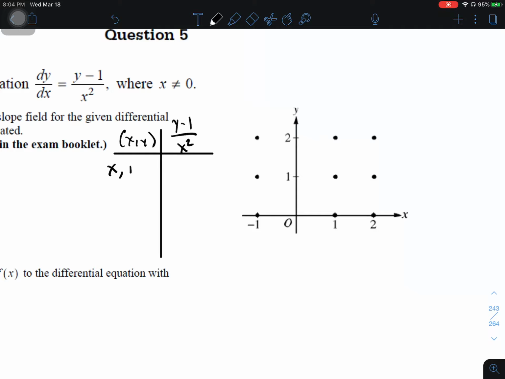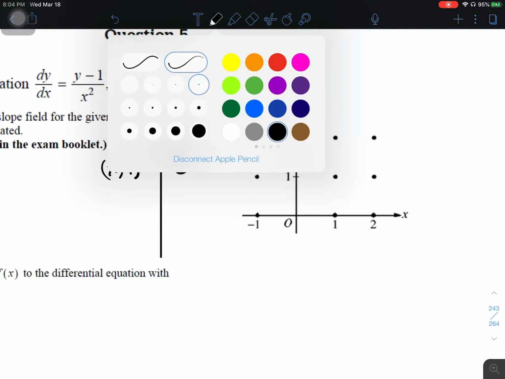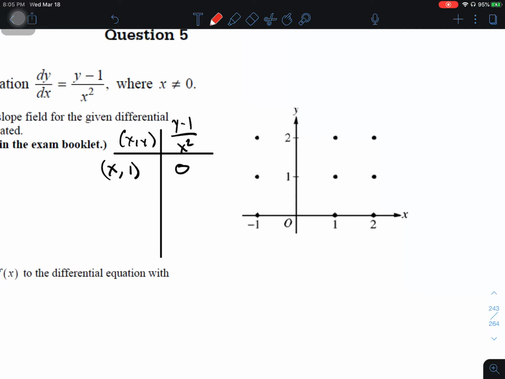So x could be anything, and if y is 1, with the exception of where it's undefined, which it's undefined once again here. In that case, we're going to have 0 divided by a number, so the slope's going to be 0. That's whenever y is 1, and that is happening here, here, and here. You do that correctly, you're going to get yourself 1 point on the AP exam.